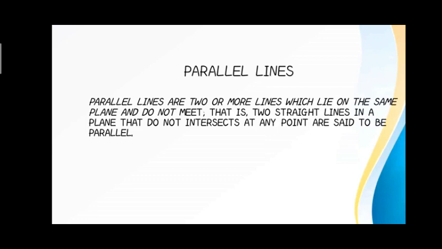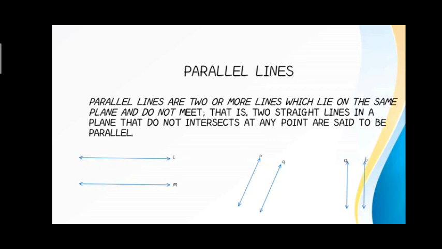When we draw two lines on the same plane and they do not meet, even if we extend them, and the distance between them always remains the same, then those two lines are parallel. Let's take some examples. Line L is parallel to line M, or line P is parallel to line Q. Line A is parallel to line B.